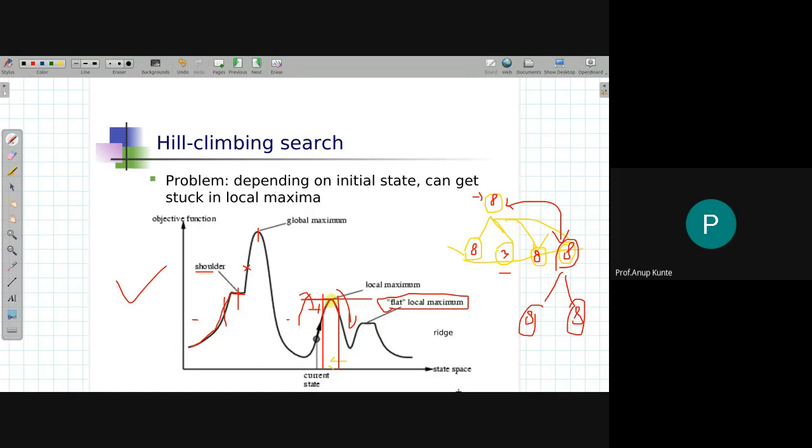All these things require some sort of cognitive intelligence in our algorithms, and in such places the complexity of the problem is so much that getting to the global maximum might not be what we want, and we can do away with reaching even the local maximum, and that's where it is reasonable to use hill climbing search.